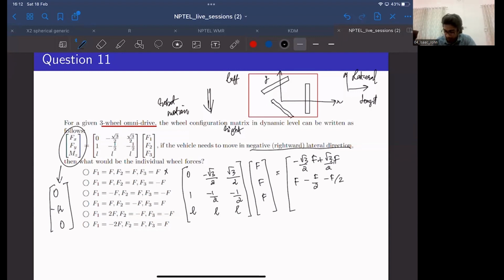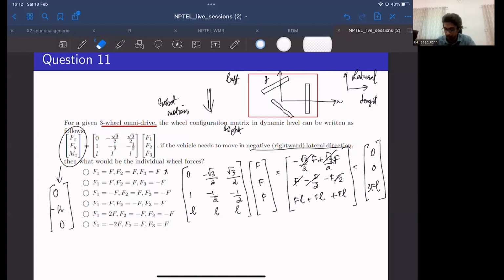And third row would be FL plus FL plus FL. And this in turn would be 0. First row would be 0. Second row would be again 0. Third row would be 3 times FL. So again, this is not the case that we are looking for. We want 0, negative k, 0. But here this would be 0, 0, some positive constant along the Z moment. So that is not the case we want.